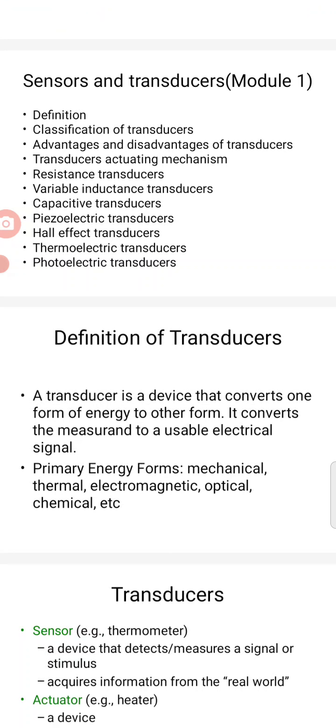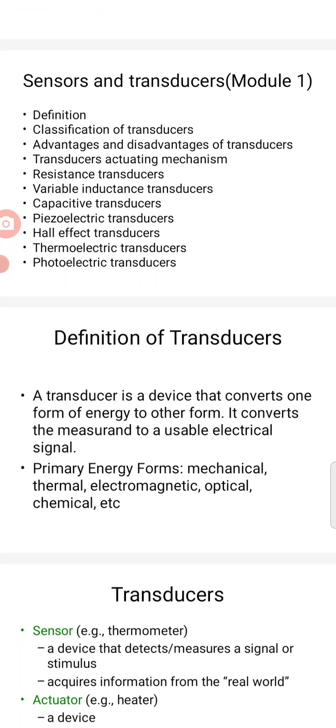A transducer is a device that converts one form of energy to another form of energy. That means the signal or the measurand may be a non-electrical signal which will be converted to an electrical signal.